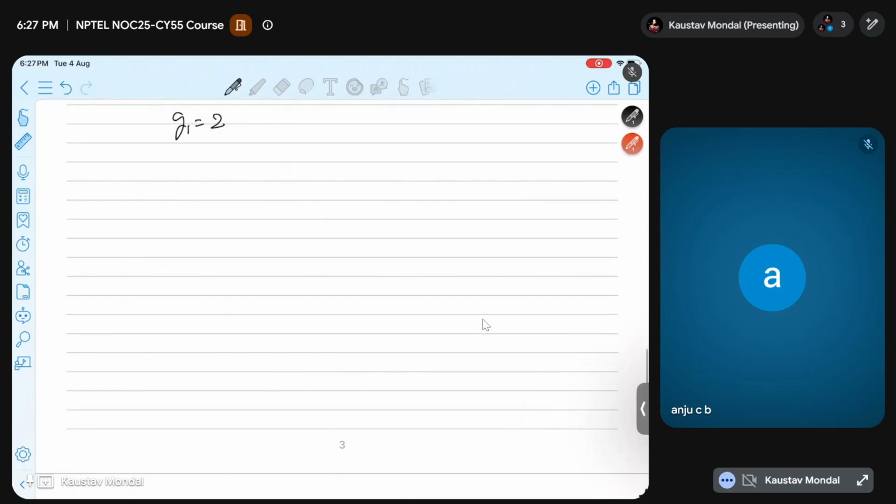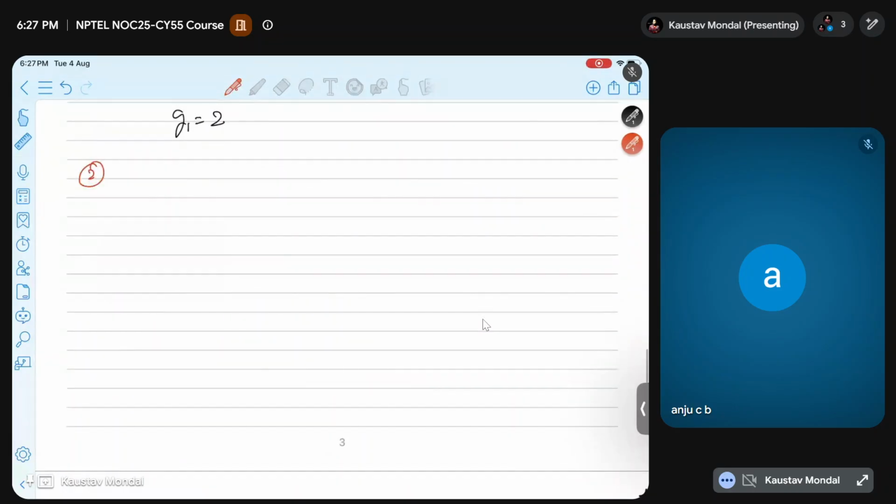The next problem. A system has energy levels En equal to nE and gn equal to 2n plus 1.